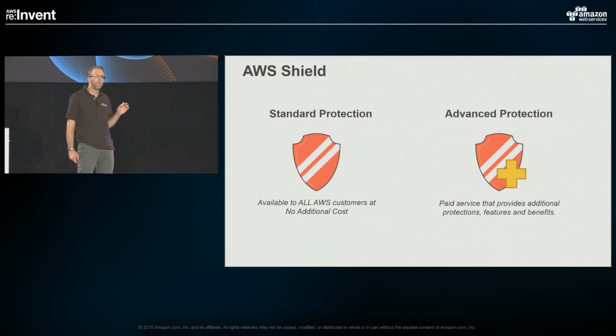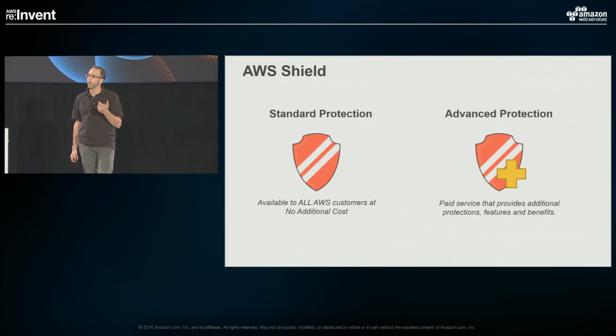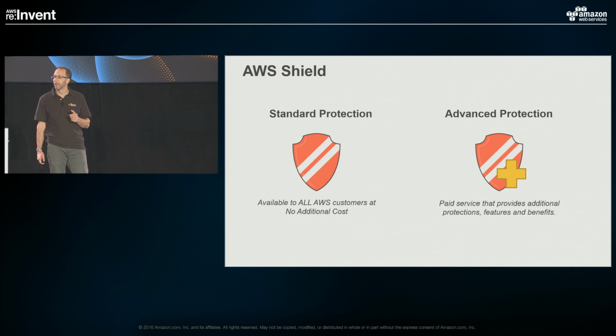AWS Shield is offered in two tiers, Standard and Advanced. The Standard tier is a free offering that's available to all AWS customers. There's nothing you have to do to enable it. It's inherent in the AWS cloud, and there is no additional charge.